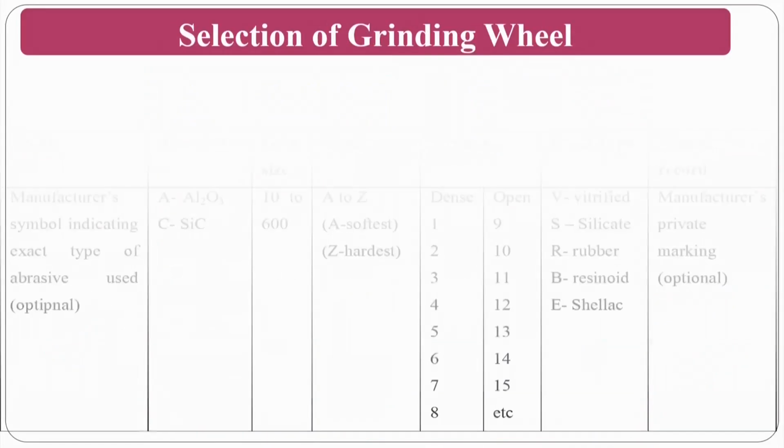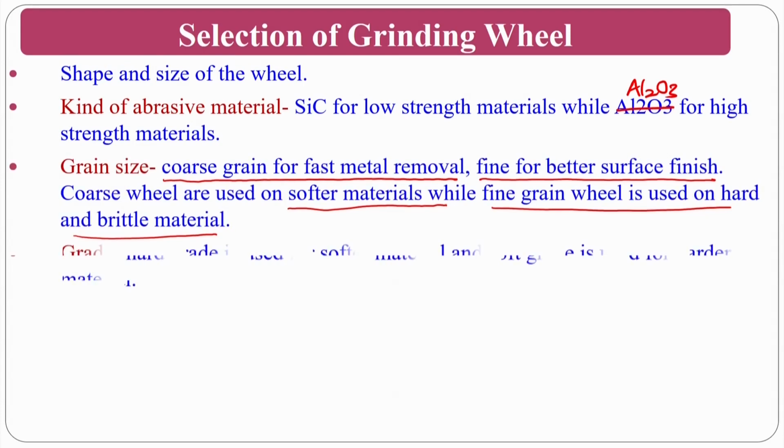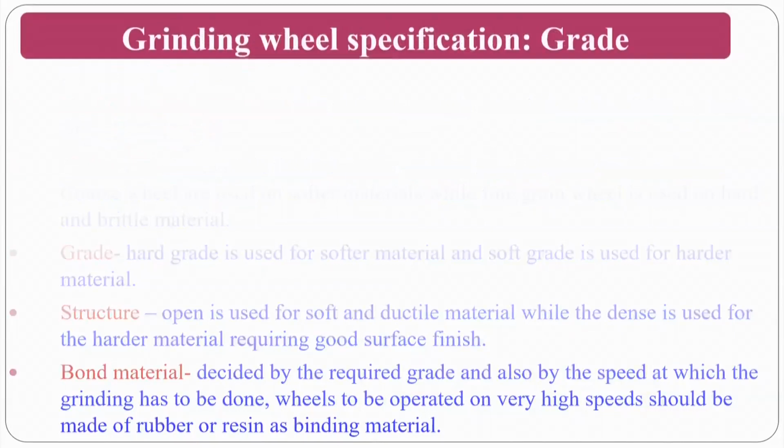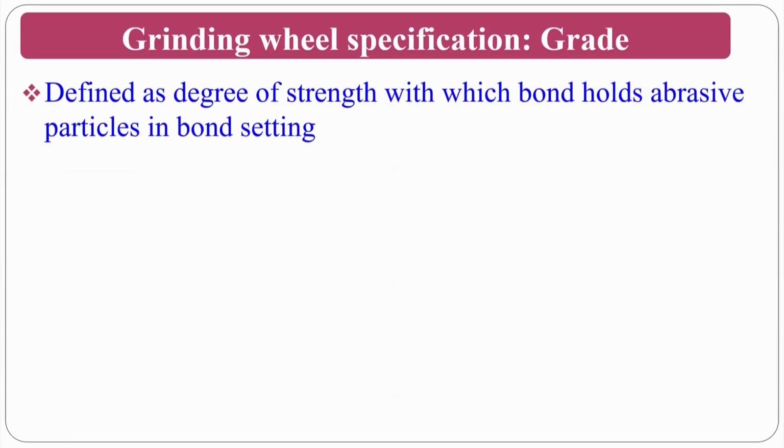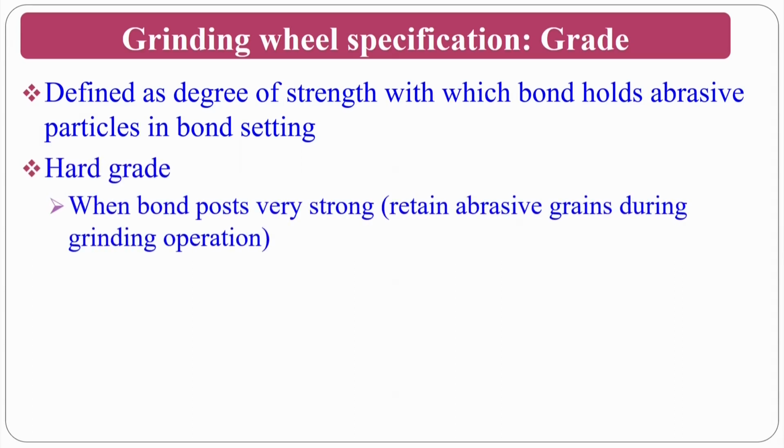Let me go directly into the grade, structure and bond. So I will explain grade, structure and bond. What is the grade? It defines the degree of strength at which the bond holds the abrasive particles. That means how firmly the abrasive particle is held by the bond material, whether it is a vitrified bond or any bond.